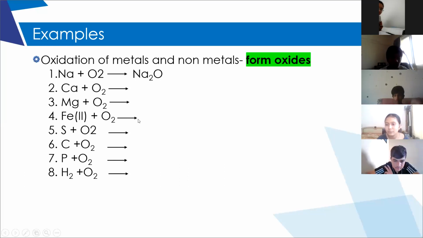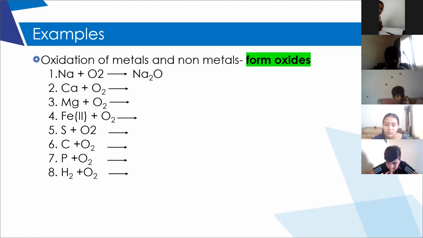So here I want to mention one more point. Children, if the element reacts with oxygen, we form oxides. In the same way, binary compounds in which an element reacts with hydrogen are called hydrides. I repeat, binary compounds of element and hydrogen, we will get hydrides.